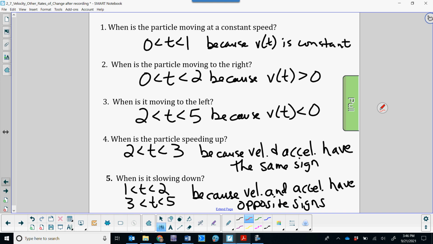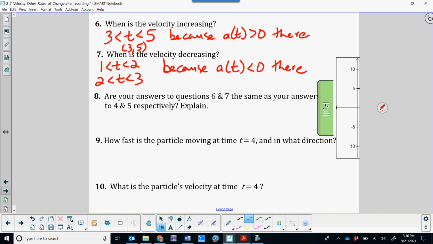Speeding up doesn't mean velocity is increasing, because velocity also has a direction. So the only way a particle is speeding up is if velocity and acceleration have the same sign, okay? And the same thing would be true for 7. It's not to do with that.